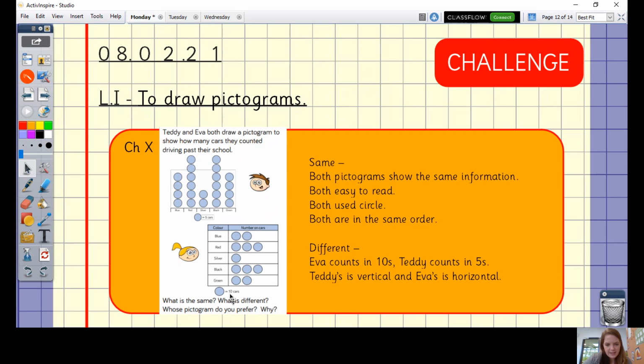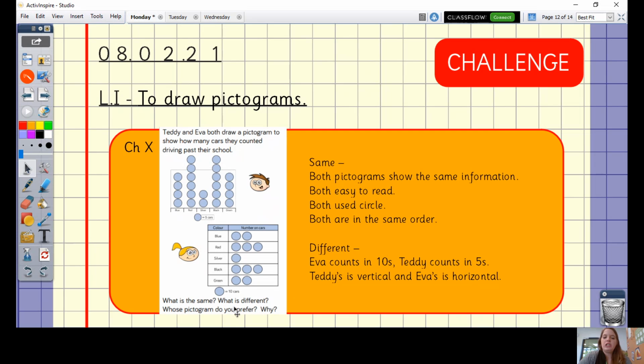So if you look really closely, you can see Eva's key symbol equals 10 cars, and Teddy's symbol equals 5 cars. Okay, so Eva counts in tens, Teddy counts in 5s. Teddy's is vertical, which means straight, and Eva's is horizontal, which means to the side. Okay, so that is your challenge X for today.